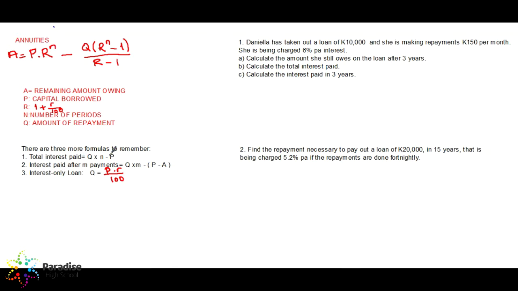That's the formula that we will use: the amount of repayment times the number of periods, minus the capital. Interest paid after M payments. For example, you borrow the loan for 4 years and have to repay it in 4 years, but the question is not about 4 years. What about calculating the interest after 2 years?